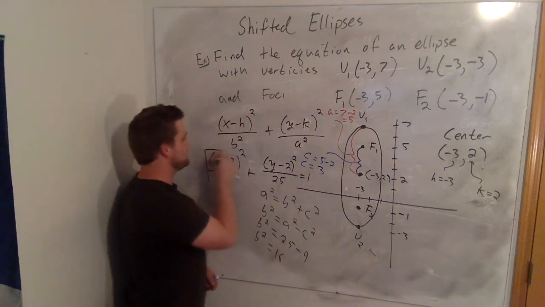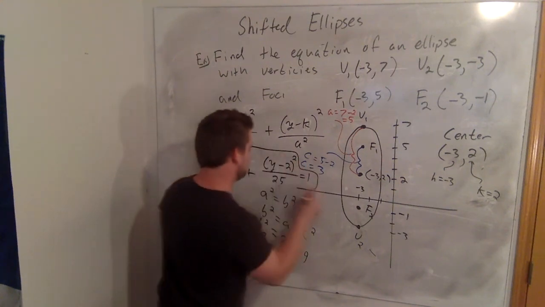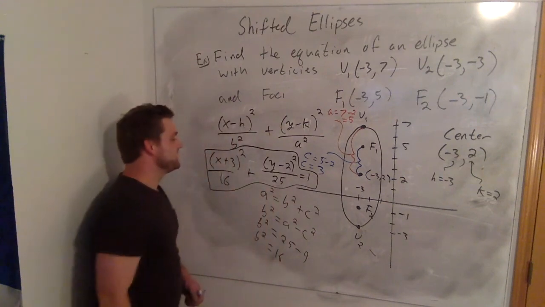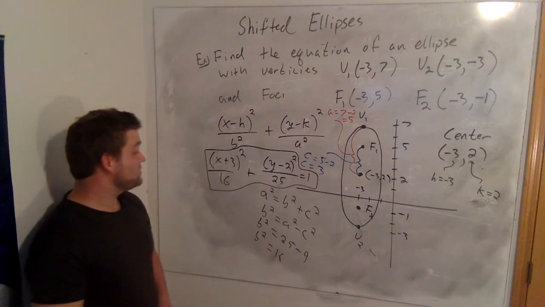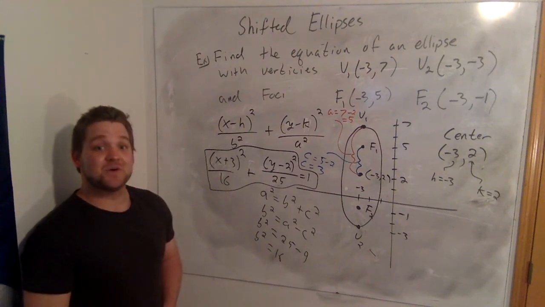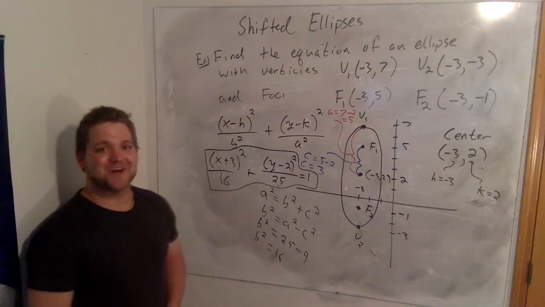So here is the answer. Beautiful. That's all we have to do to talk about ellipses. In the next video, we'll talk about our last conic. We'll see you there.